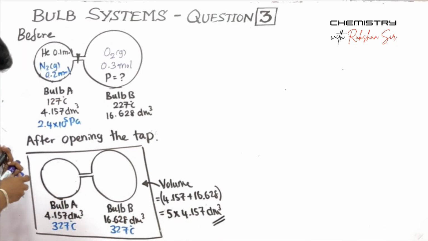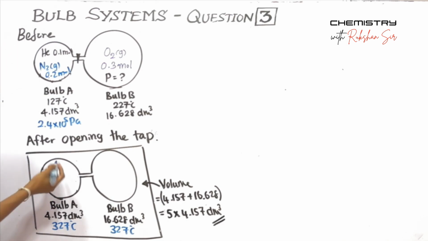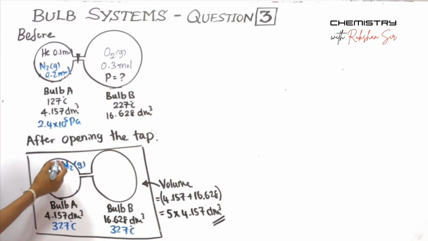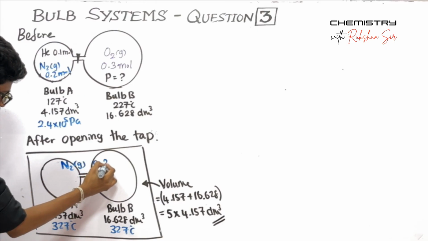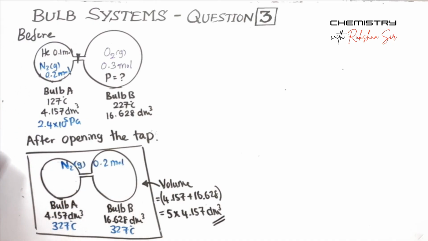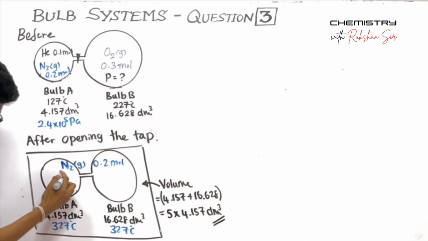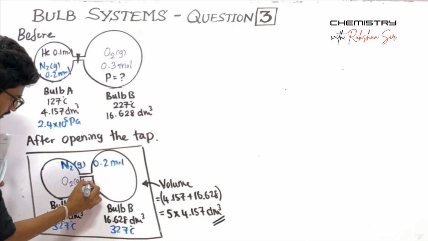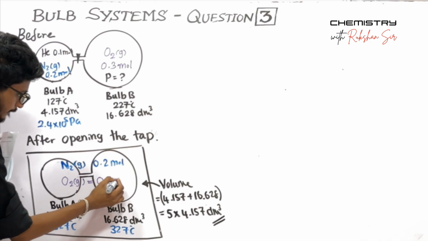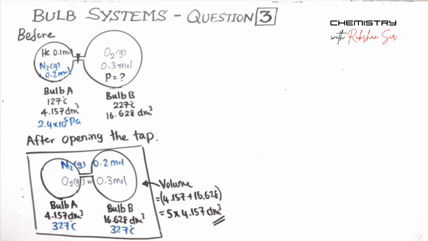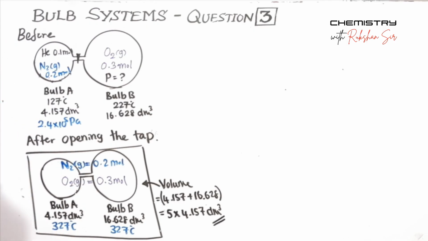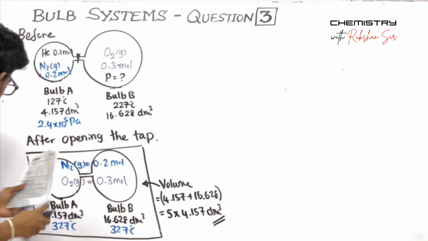In the whole system, you have N2 gas 0.2 moles and some O2 gas 0.3 moles. It's just one system. This is before reaction. This is the initial state.